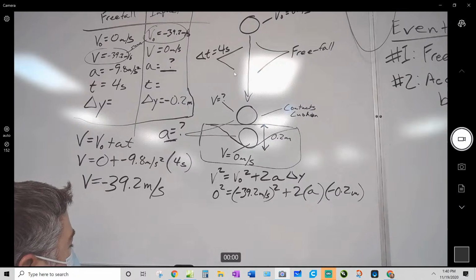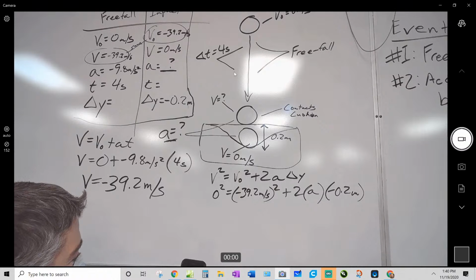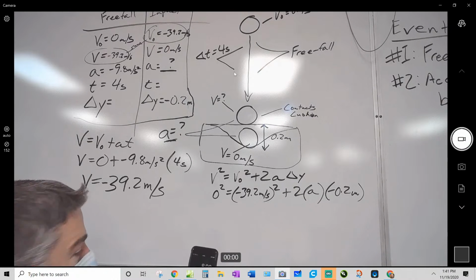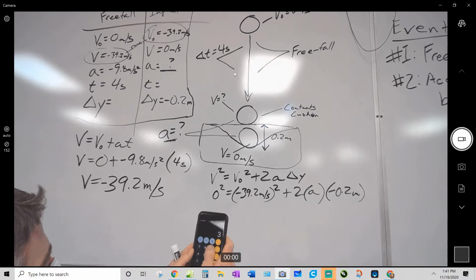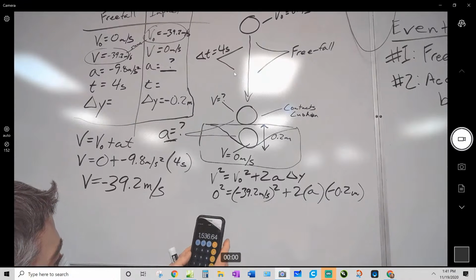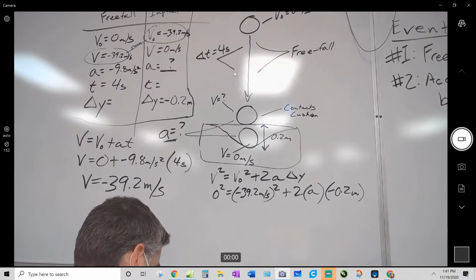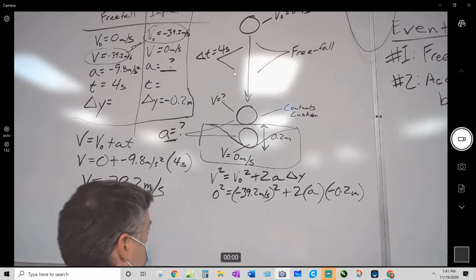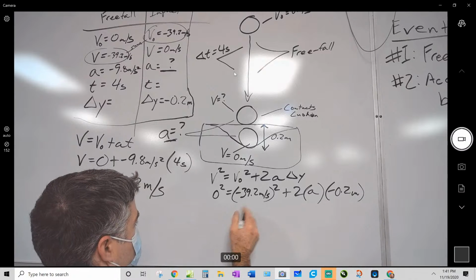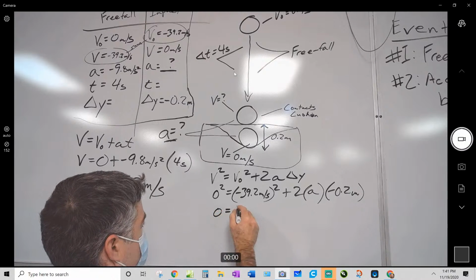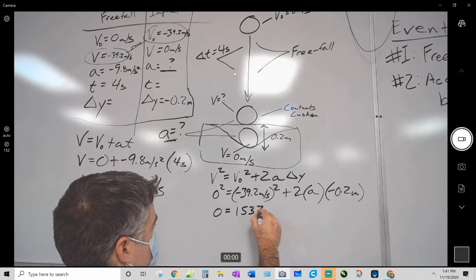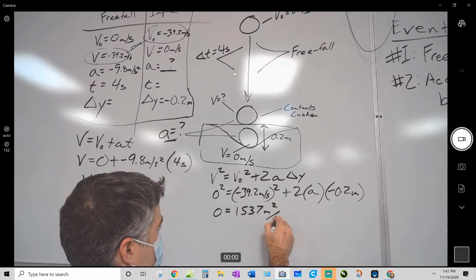39.2, has anybody squared it? Is anybody doing calculations out there? I can't remember what the answer is. 1,536. So it's 1,537-ish meters squared per second squared.